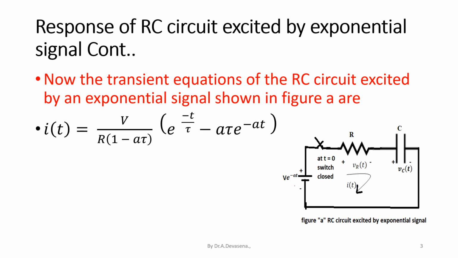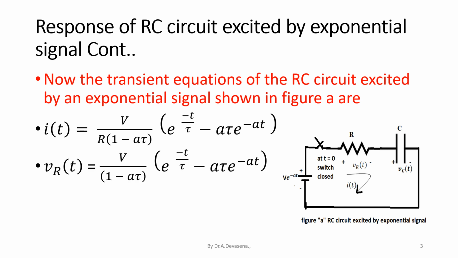i(t) is equal to V divided by R into 1 minus a tau, the whole multiplied by, open the bracket, e power minus t by tau minus a tau e power minus at, close the bracket.